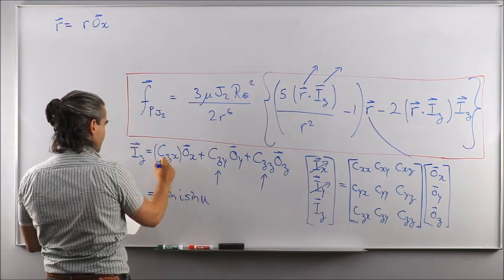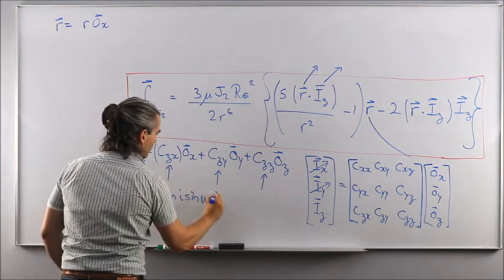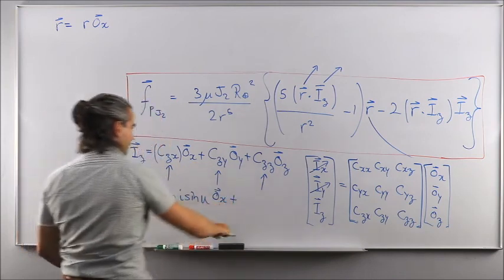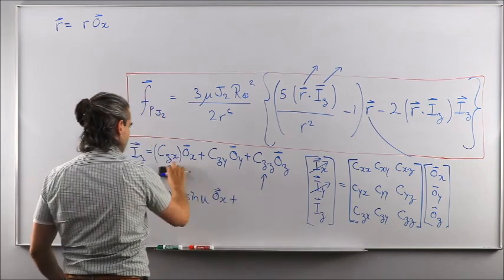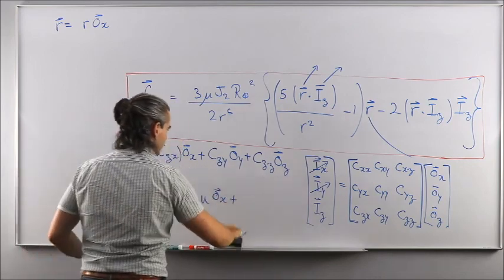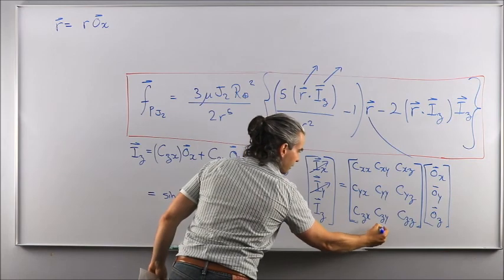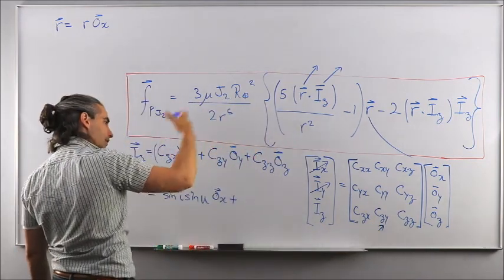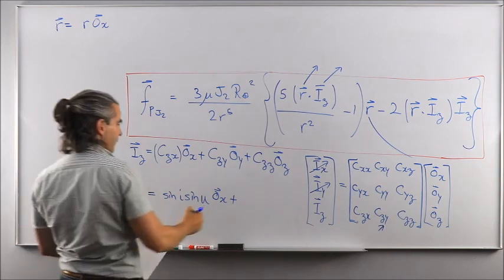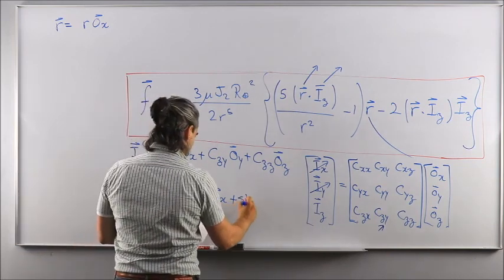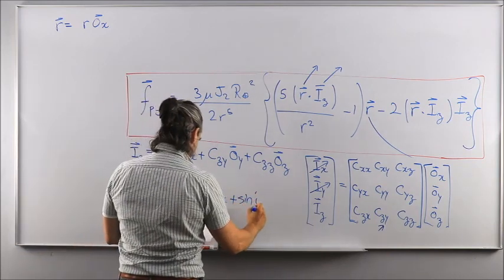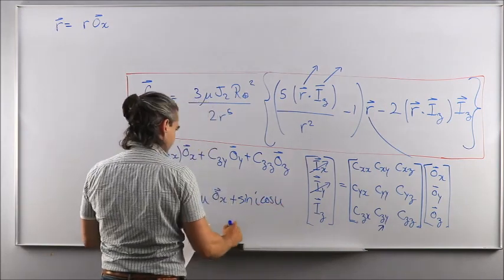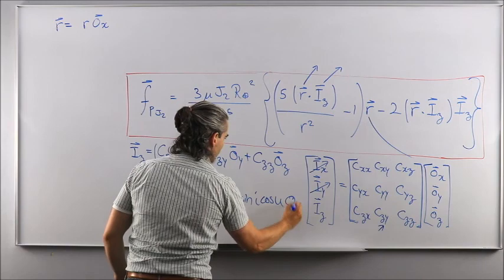So that's for CZX, times the OX unit vector, plus this element here of the 3x3 rotation matrix, taking orbital and transferring it to ECI, is going to be sine I cos argument of latitude times the OY unit vector.